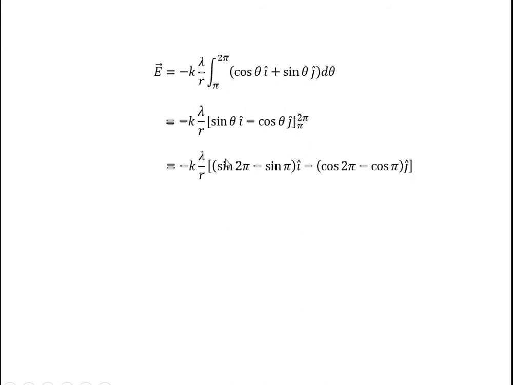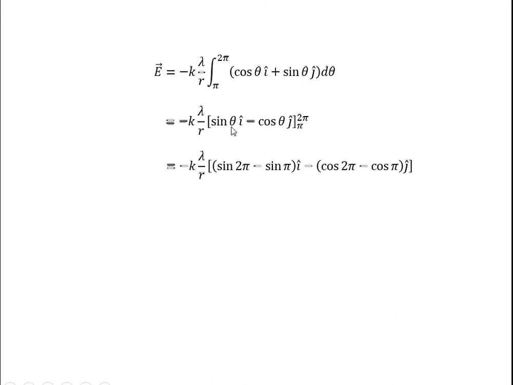Substituting in, putting in the 2 pi, and rearranging. A couple of things going on here. I put in the 2 pi, but ultimately it's going to be subtracting by putting in the pi. So I have combined that so that the i terms are together.